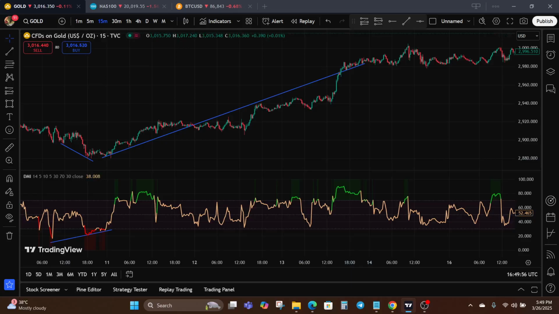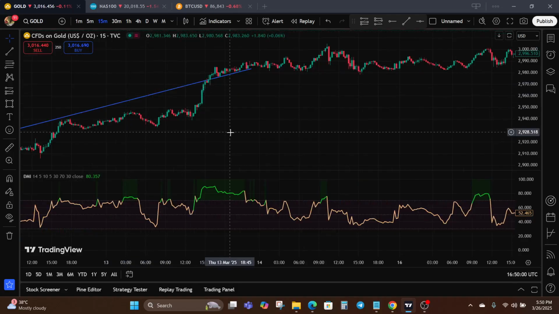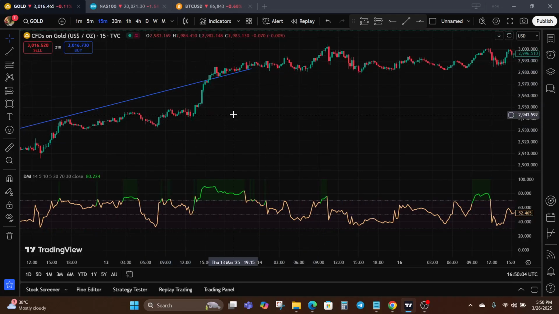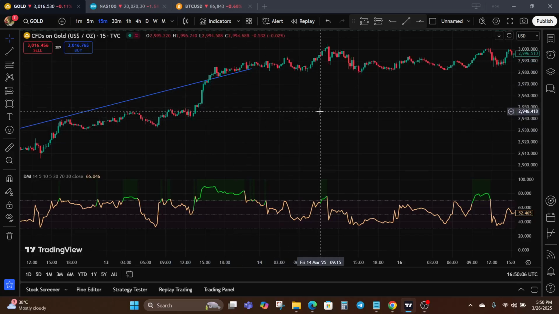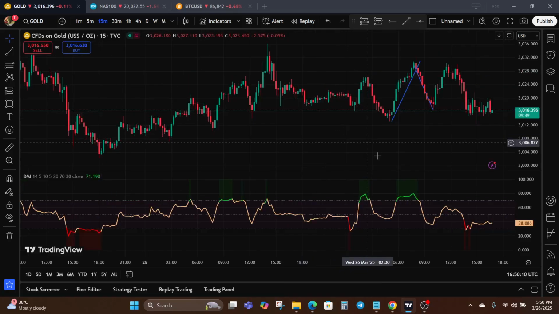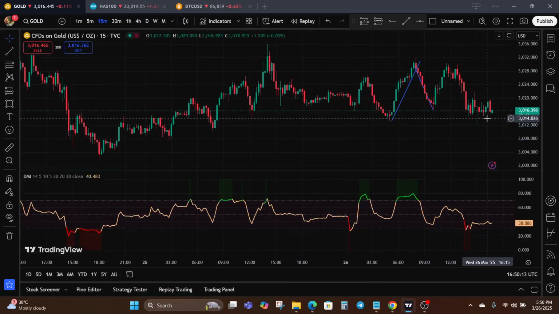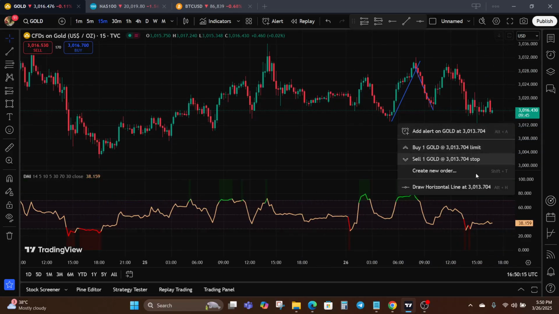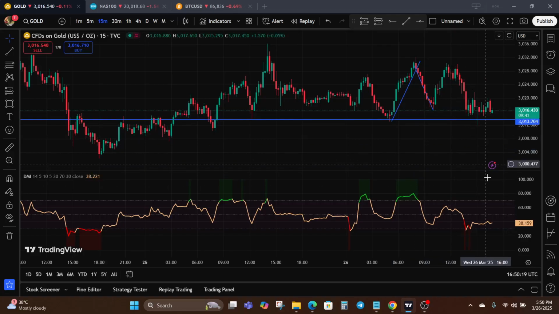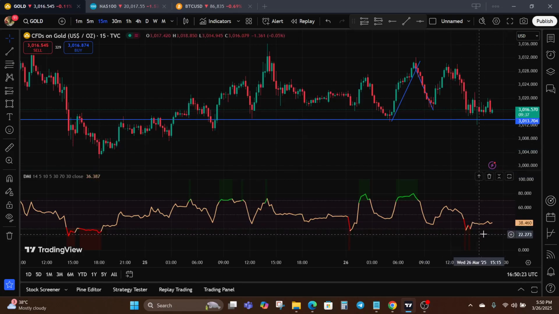Supposing you are analyzing gold like we are doing right now on the 15-minute chart, and you notice that the price is approaching a support zone. You can see that there's actually a support around here. And maybe the DMI is towards the oversold zone, that is below 30.